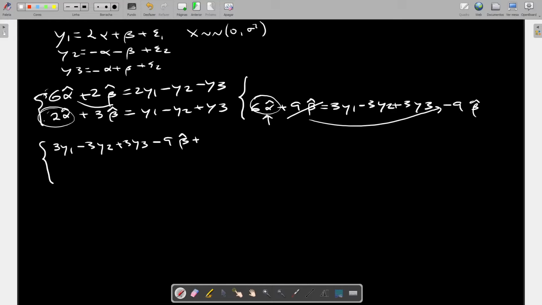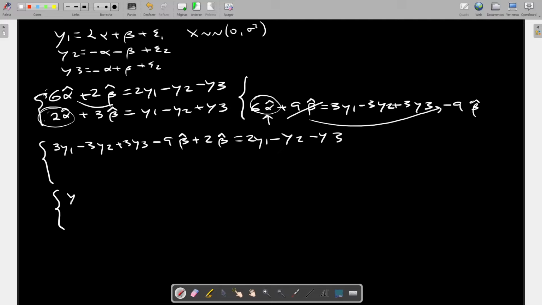Now we start from this expression. We have plus 2 beta equals 2y1 minus y2 minus y3. So again, remember to get the term and then rearrange the terms around. So we have y1, so it's 3 minus 2 is 1. This goes to the other side.